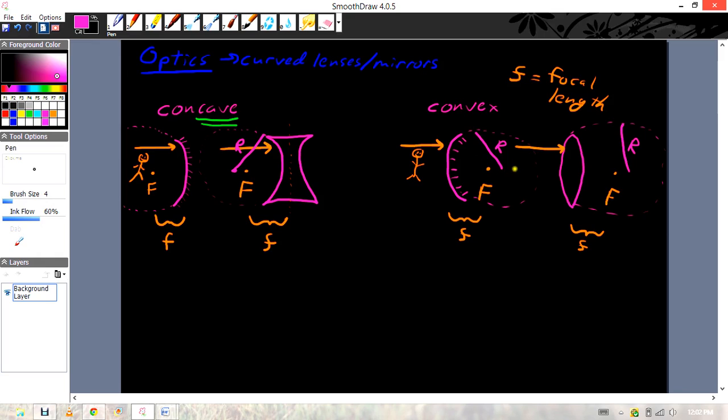So I did not do a good job of drawing this. I apologize. I'll draw it better for you guys in class, but the whole thing you want to remember is that the focus is half the radius of curvature. There's a reason why I'm erasing these. I want to get rid of the clutter here.